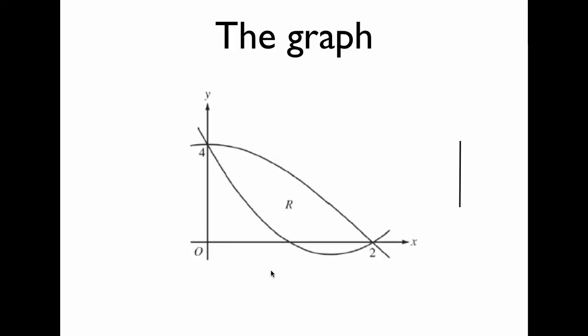So notice we're looking at our region R and we're building up square cross sections. We need to know which way the squares go. So it tells us they're perpendicular to the x-axis. So that means I'm going to have an up and down square. So the side of my square is going to lie from here to here, versus a horizontal laying square. That's very important because the equation would be totally different.